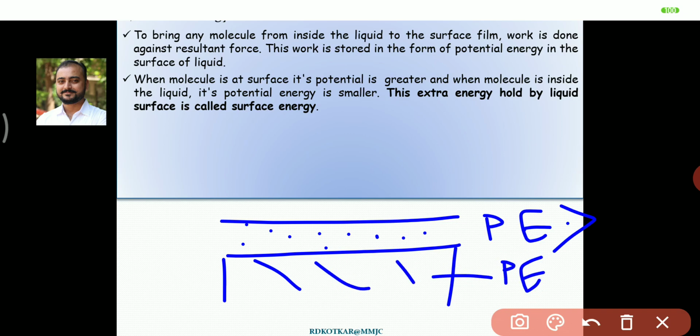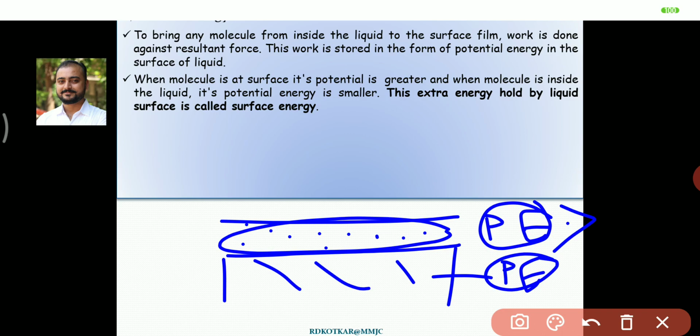So the difference between both means the molecules present at the surface have an extra value of energy, and that is nothing but your surface energy. In short, the extra energy held by the liquid surface is called surface energy. You may call it extra potential energy also. Remember, those molecules inside the liquid have a less value of potential energy, while the molecules at the top have the greater value of potential energy.